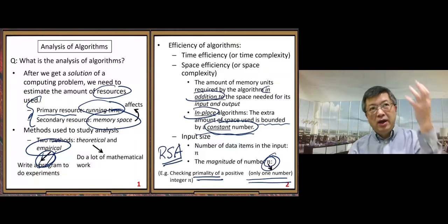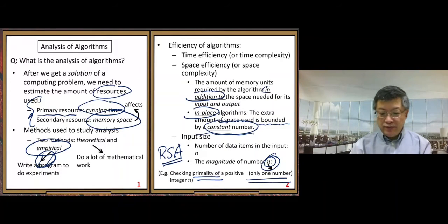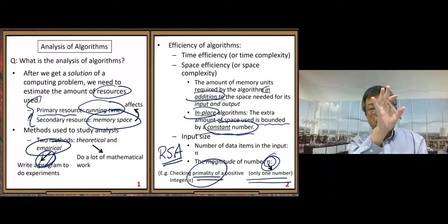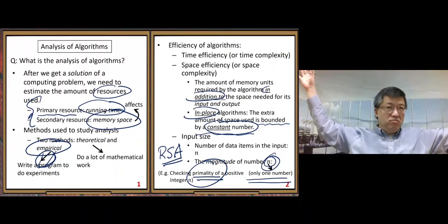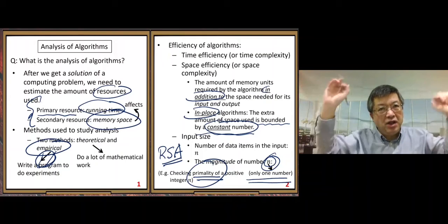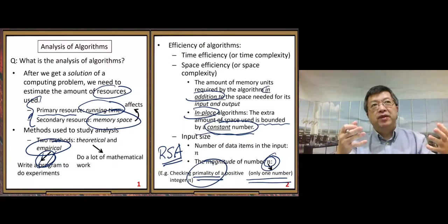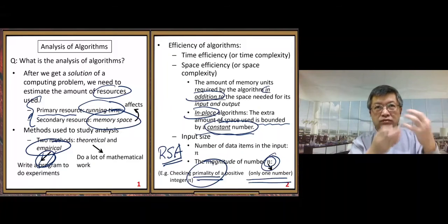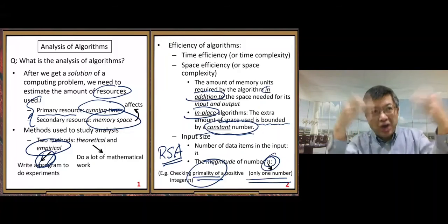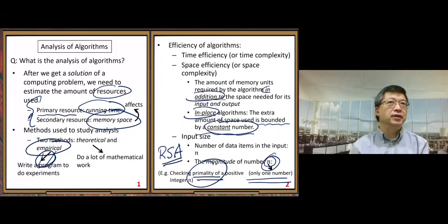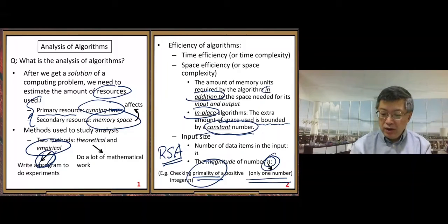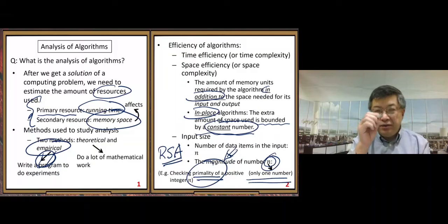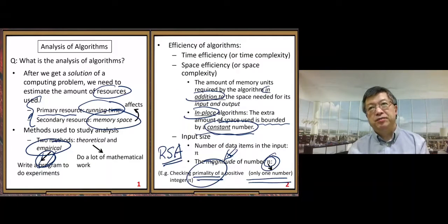The RSA algorithm was built on the primality of large numbers, or on factorizing one huge number. Based on that factorization, the encryption code can be generated. So you can imagine how hard it is. In that situation, the magnitude is the problem size.